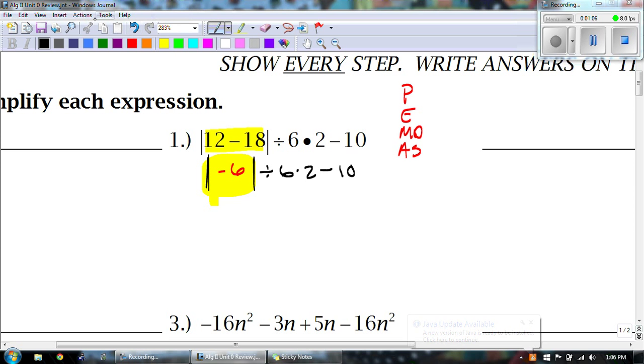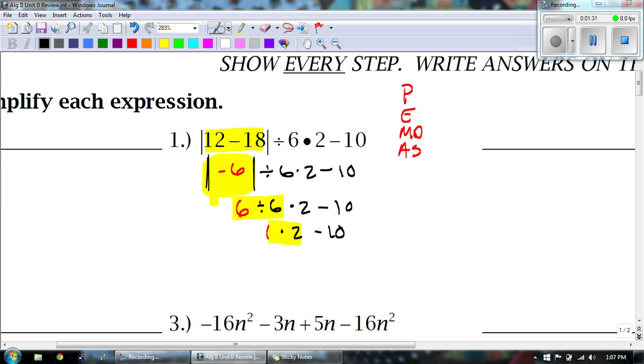So the absolute value of -6 is +6. So I have +6 divided by 6 times 2 minus 10.